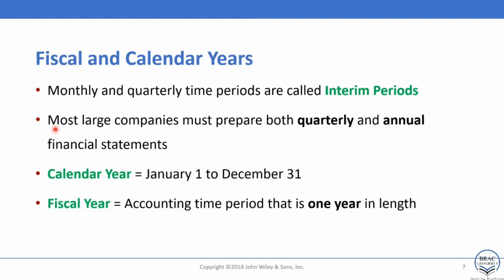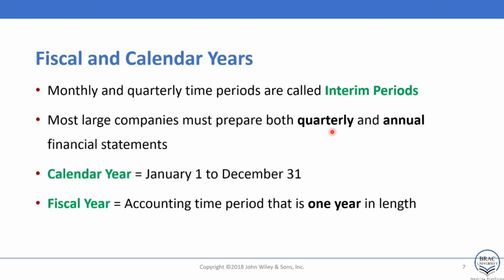We know that companies are free to choose which time period they want to follow, but it has been seen from experience that most large companies prepare, or must prepare, both quarterly and annual financial statements. That means there are rules and regulations that tell you that you must prepare your statements at least quarterly. Right? Quarterly means after 3 months.